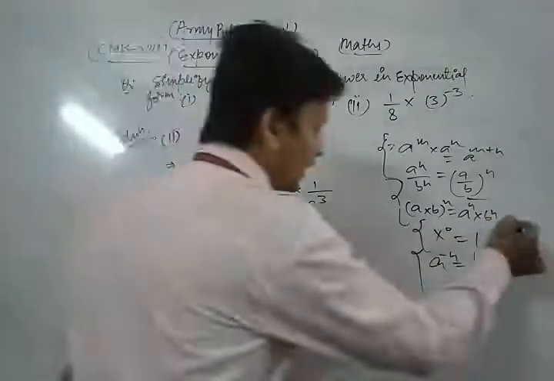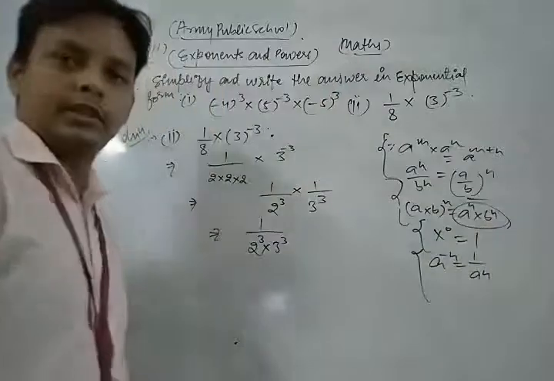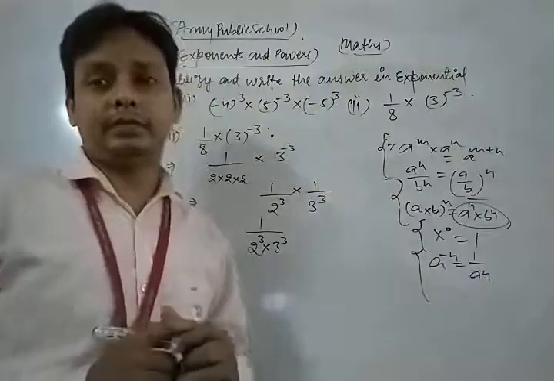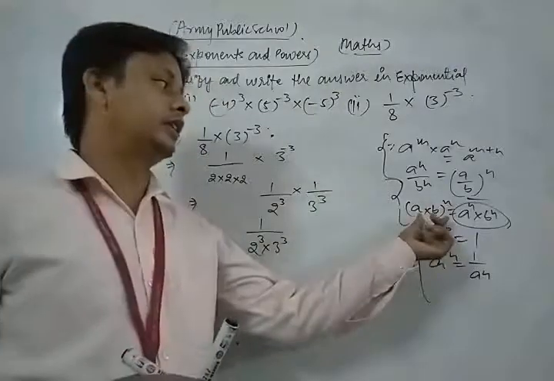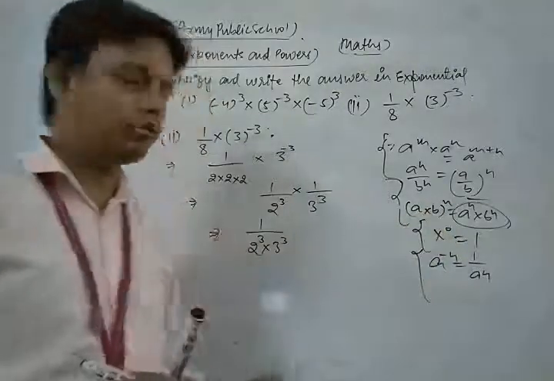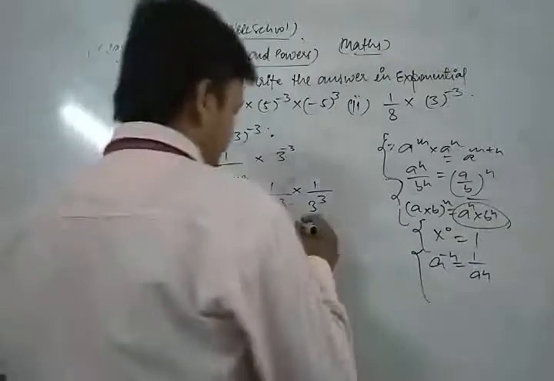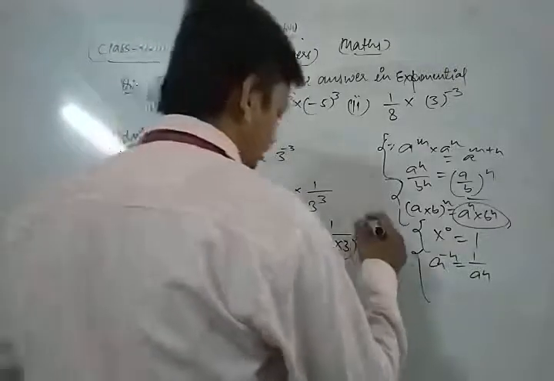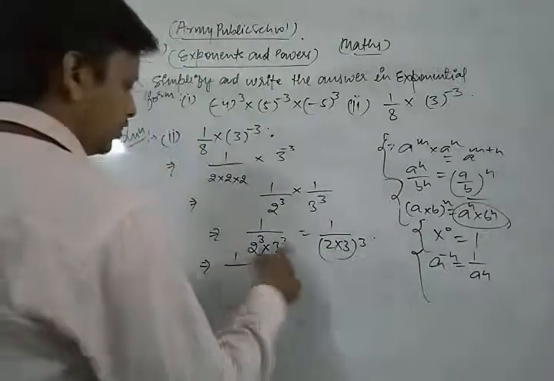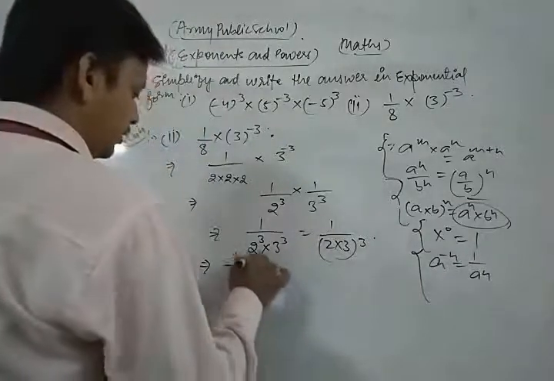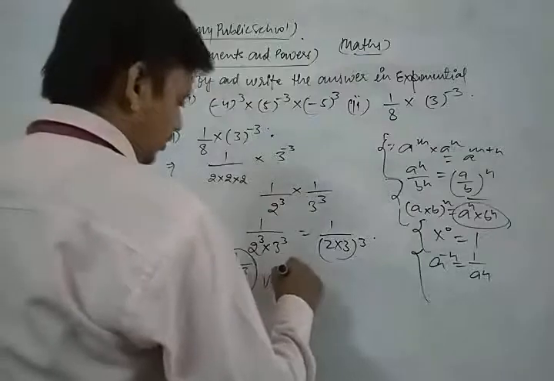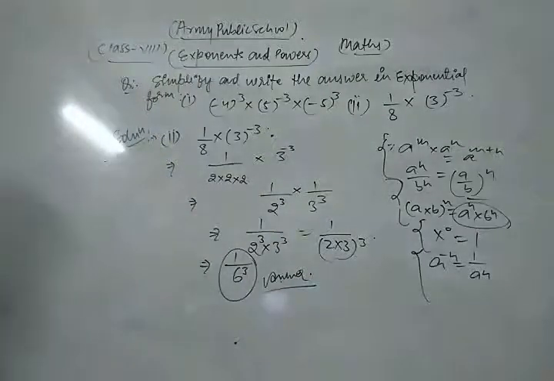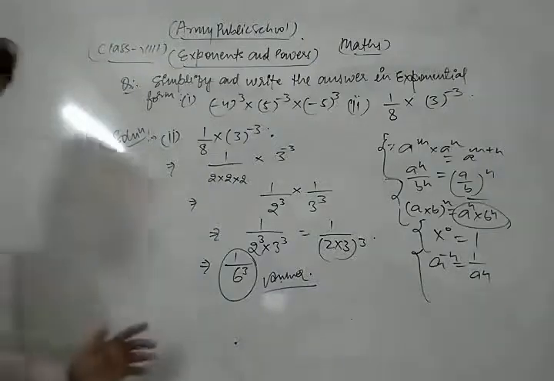Dear students, if we have a to the power n, where the bases are different but the power is the same, then we can write a into b to the whole power n. So here we apply that concept: 1 upon 2 into 3 to the whole power 3. So we have 1 upon 6 power 3. This is the required solution of the given question.